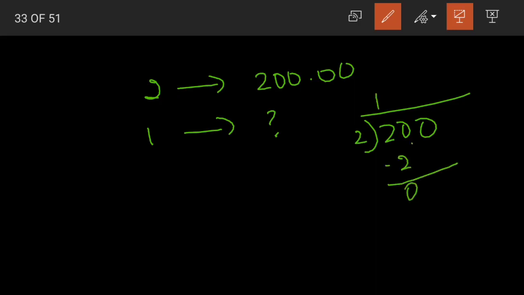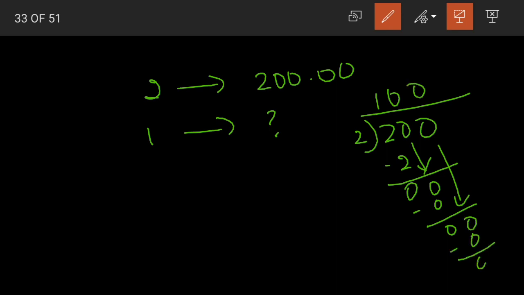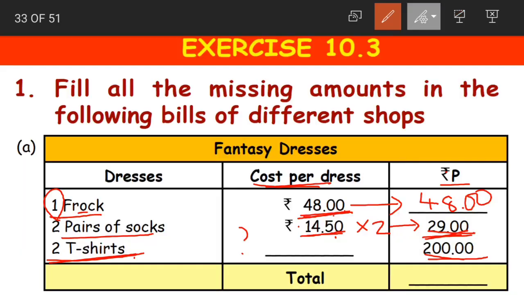When we subtract, 0 is remaining. 0 brought down. 2 zeros are 0. Again 0 brought down. 2 zeros are 0. When we subtract, 0 is our remainder. What is the answer here? 100 rupees. So the cost of two t-shirts is 200 rupees and the cost of one t-shirt is 100 rupees.